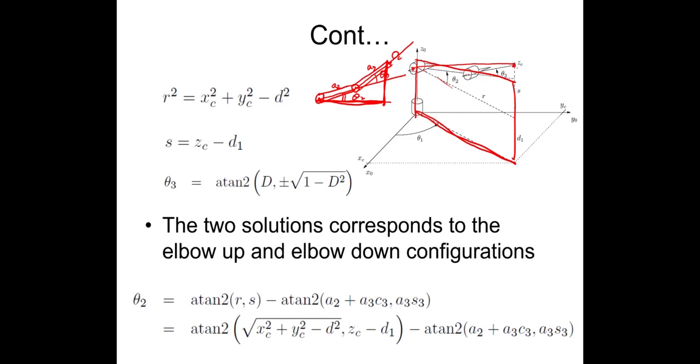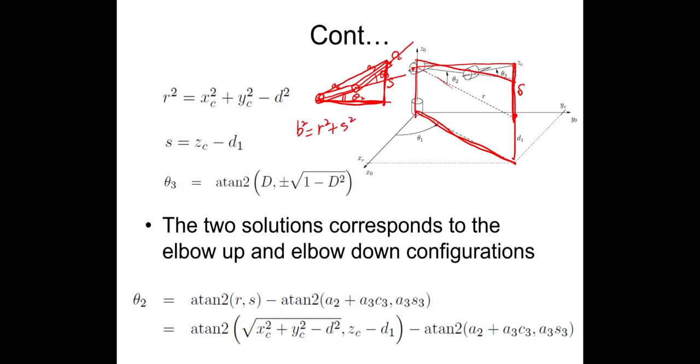And from the spherical wrist center to here, this is S. In the figure, we called it S. So it means B square equals R square plus S square.